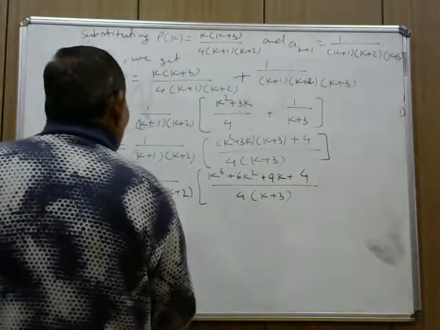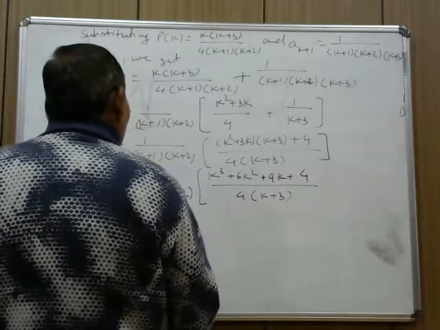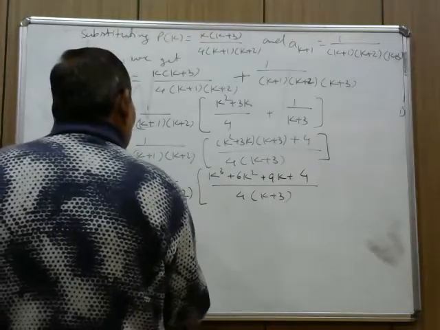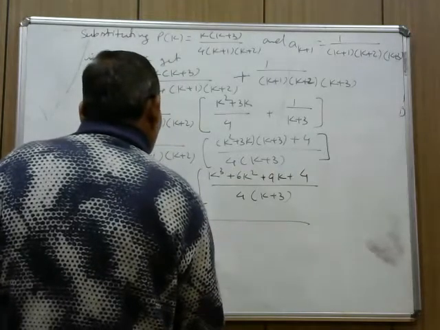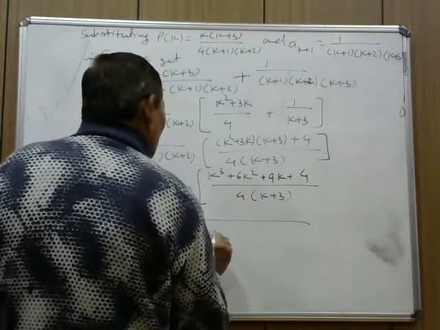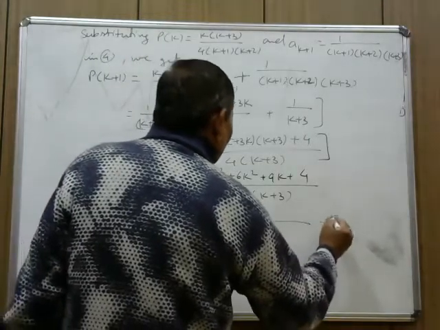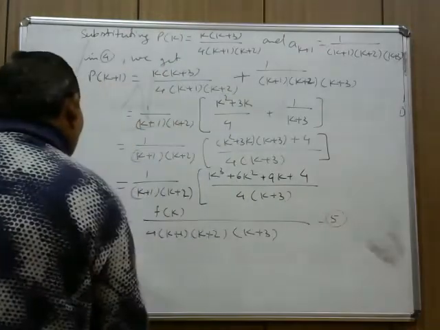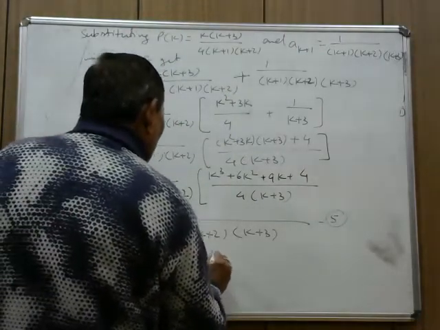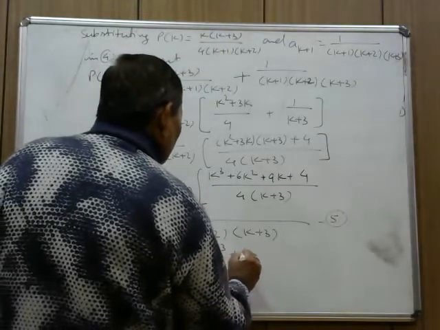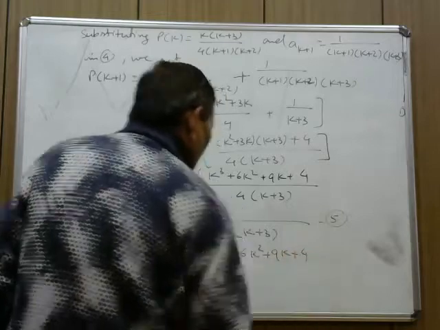So in this way you can write this is equal to f of k upon 4 into k plus 1, k plus 2, k plus 3. This is 5, where f of k equal to k cube plus 6k square plus 9k plus 4.